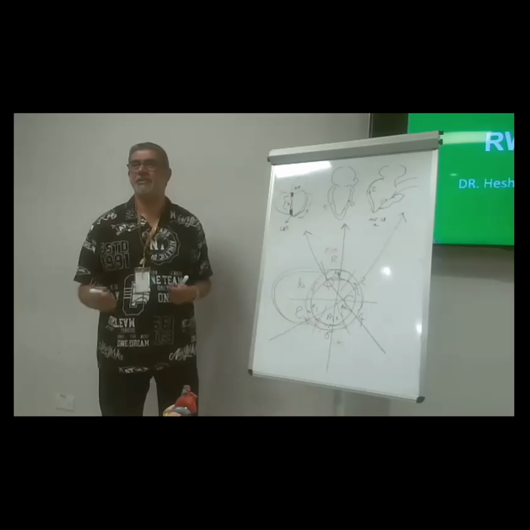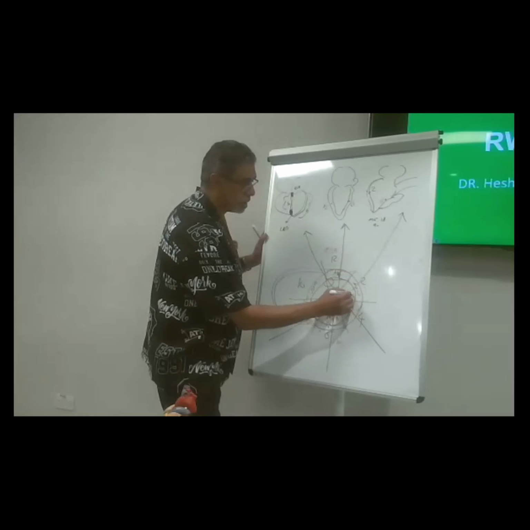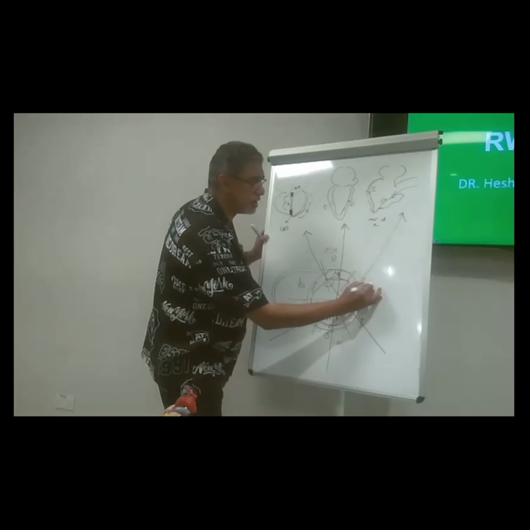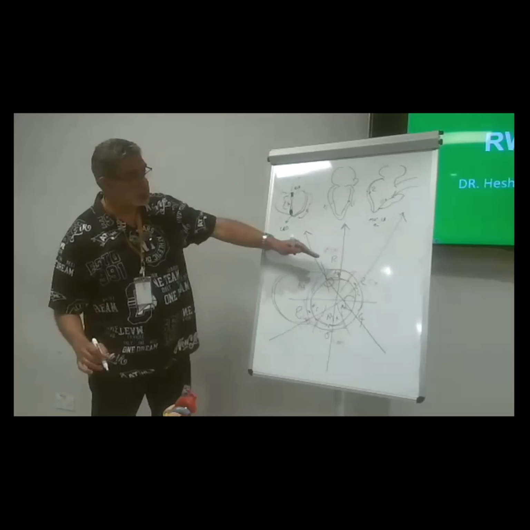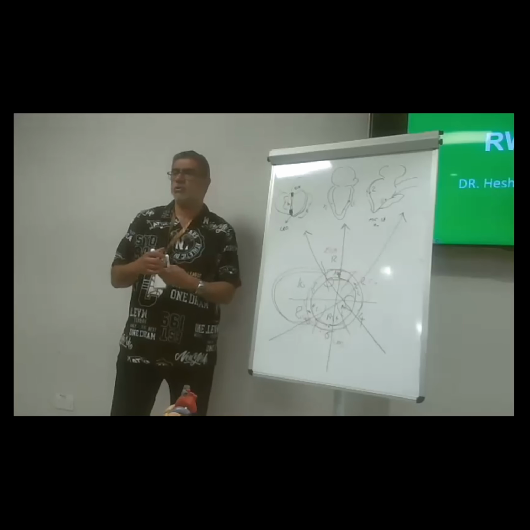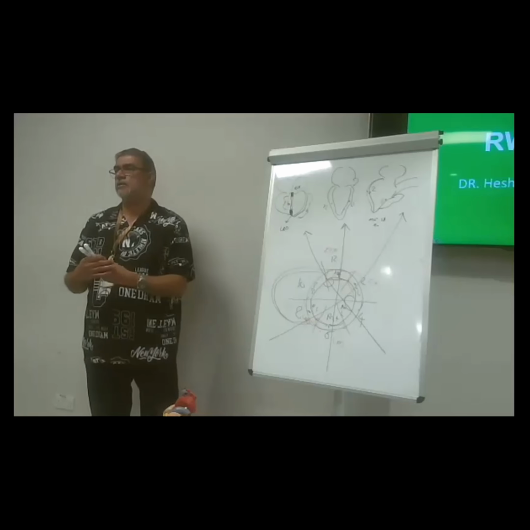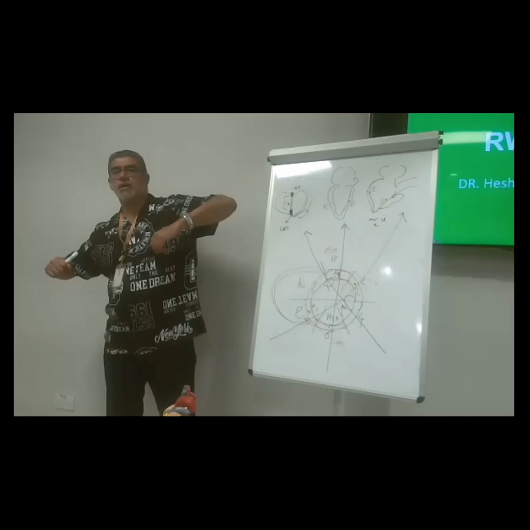I'm sorry. This one, inferolateral, usually it is CX, but sometimes it goes to the RCA. Why? You know, in the coronary circulation there is what is meant by dominance. Circ and RCA.